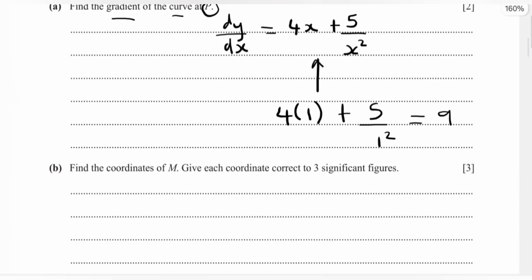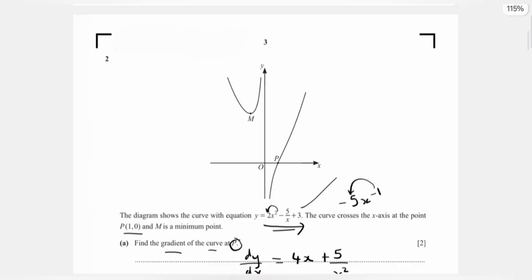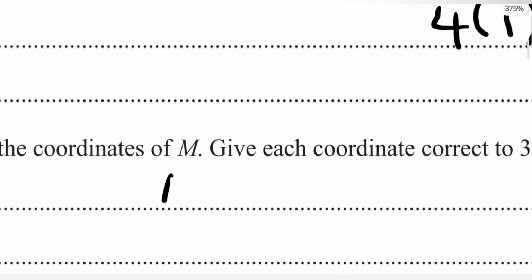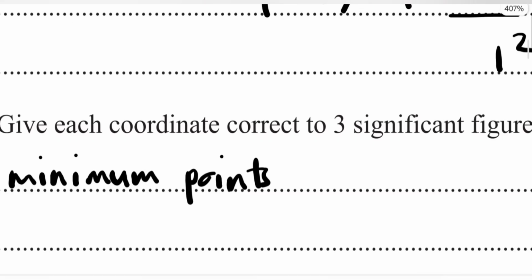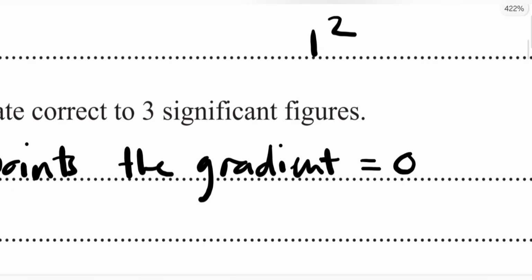And for B, it says find the coordinates of M and give each coordinate correct to 3 significant figures. We know M is a minimum point. We're told M is a minimum point. So what do we know about minimum points? We know that at minimum points, the gradient is 0, right?